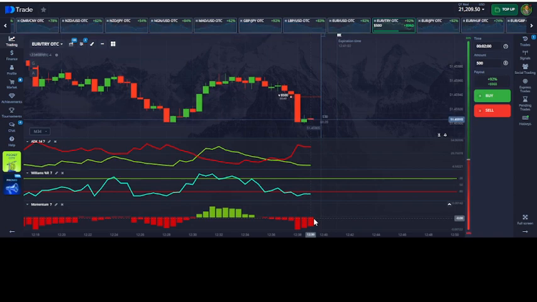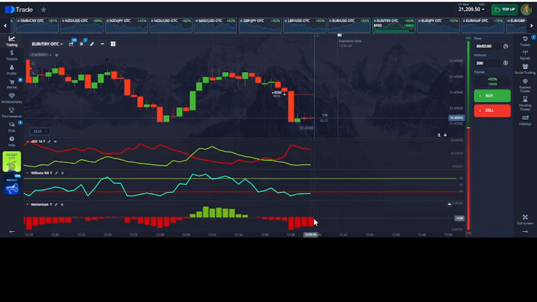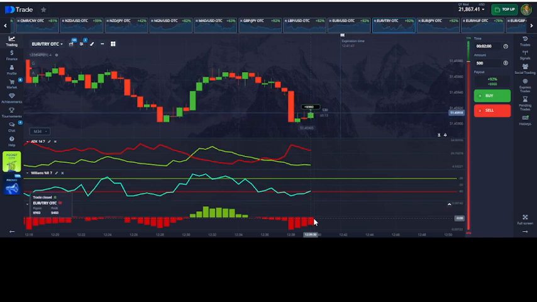So let's monitor this trade and wait for the expiration at the end of the 2 minutes expiry. Okay, great. So that trade was in the money.